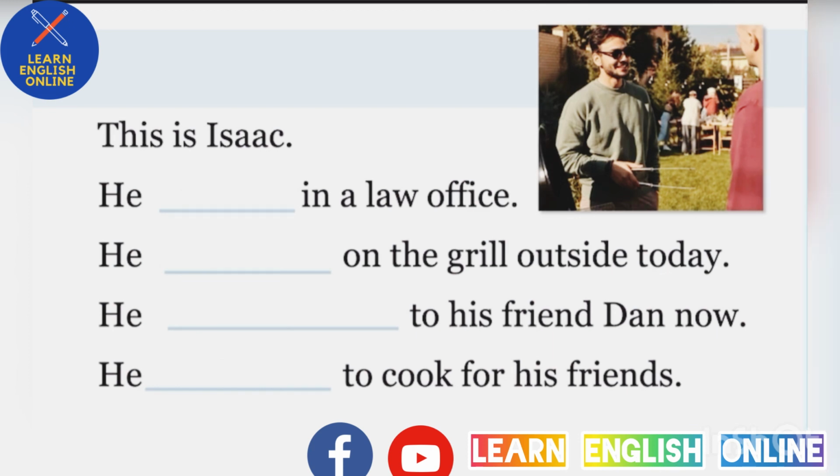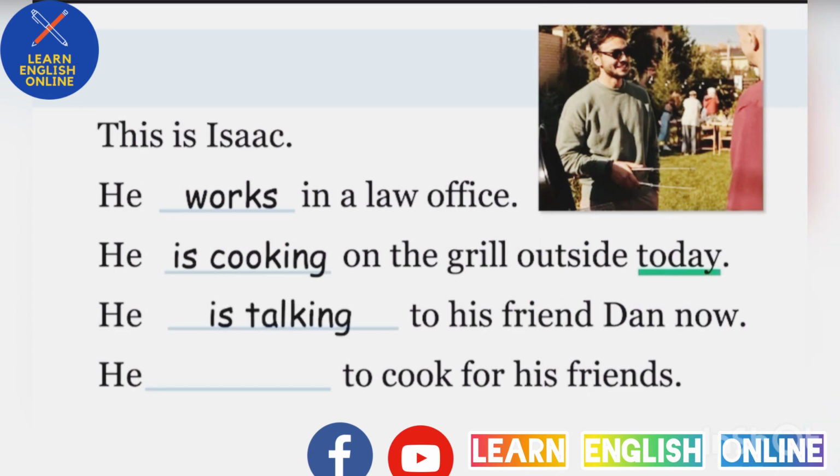This is Isaac. He works in a law office. There's no signal word here, but I can see the picture. He's not in an office right now. He's outside. He is cooking on the grill outside today. I see this in the picture, but also I see this signal word, today, that tells me present progressive.